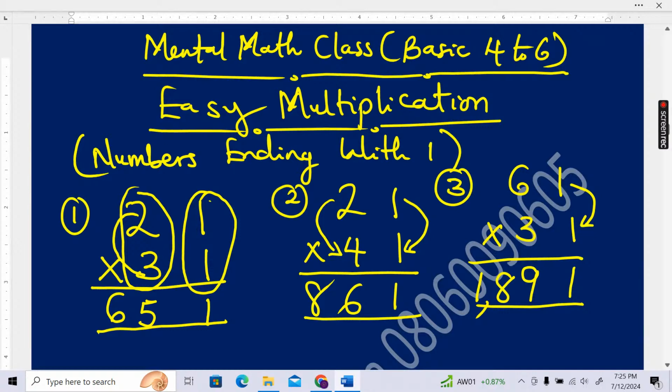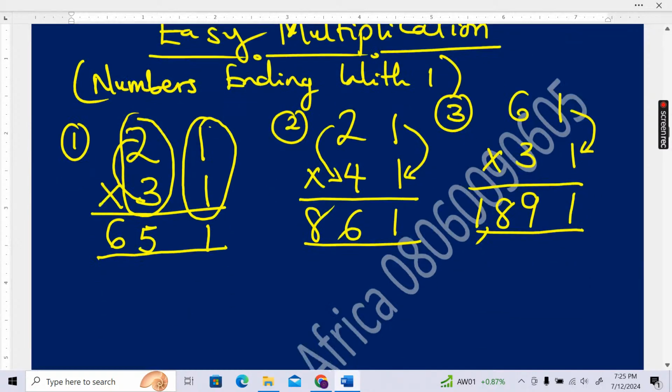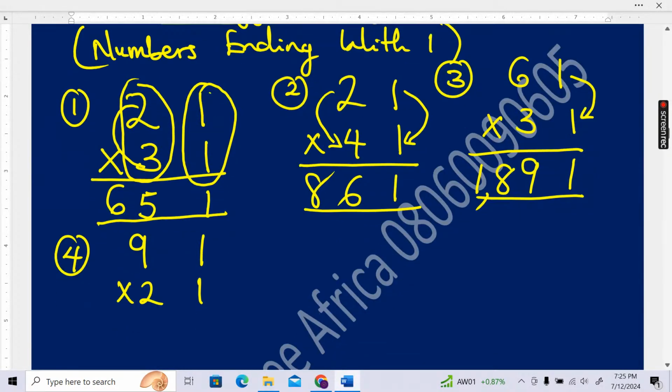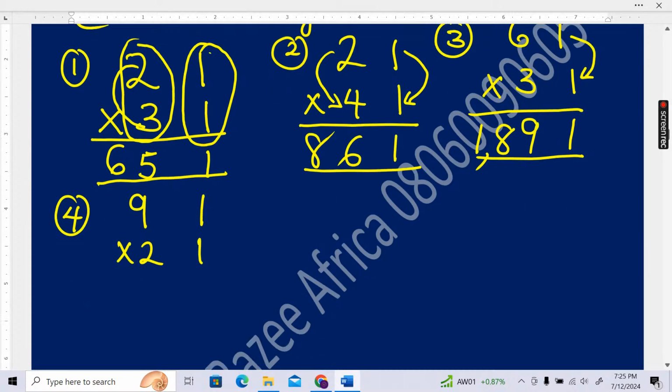Awesome, awesome. Now, moving on to the next example. What is 91 times 21? Make sure you pay attention at this point because we will be having a carrying over. Now we're going to multiply the digits under the unit place.